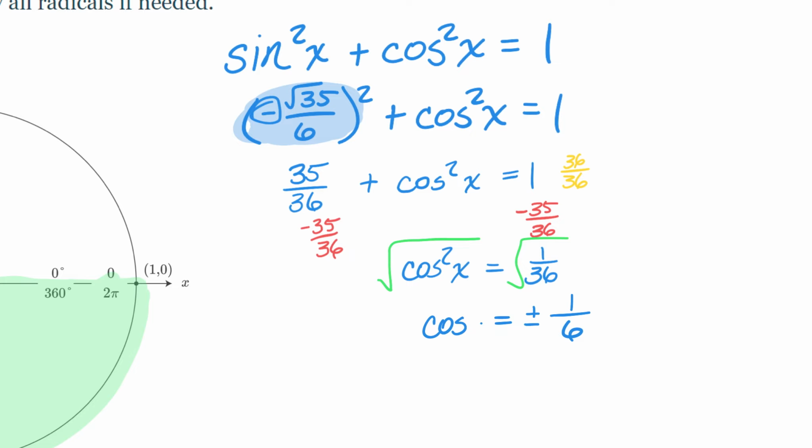So our answer is either positive or negative 1/6. Well, since it's cosine, which is the x value, and we are in the fourth quadrant, the x values in the fourth quadrant are always positive. And again, that's why I like to start this off knowing what the sign of the answer is going to be. So cosine of our value is going to be positive 1/6.